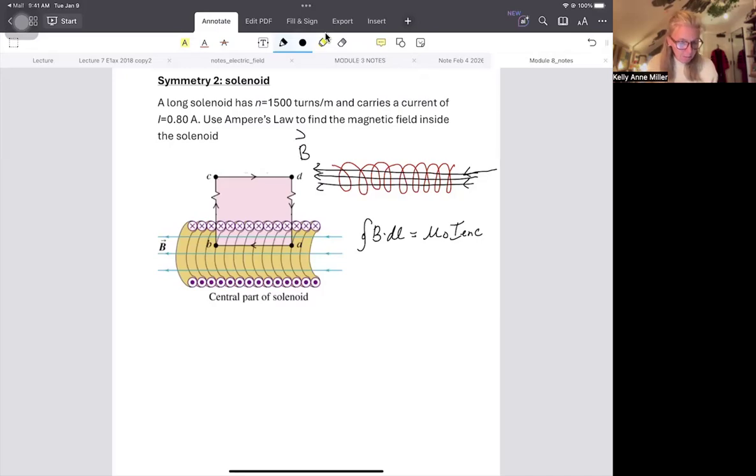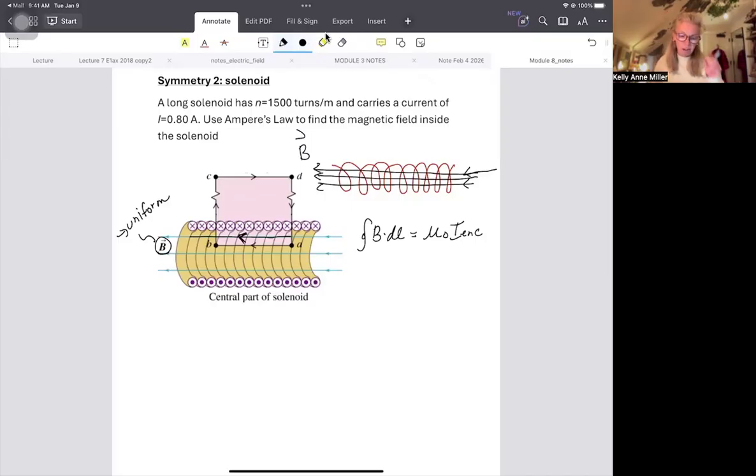I know that my B field is going in this direction in the middle of the solenoid, and in the middle of the solenoid, this field is uniform. I remember that was one of the things that you learned in the tutorial.